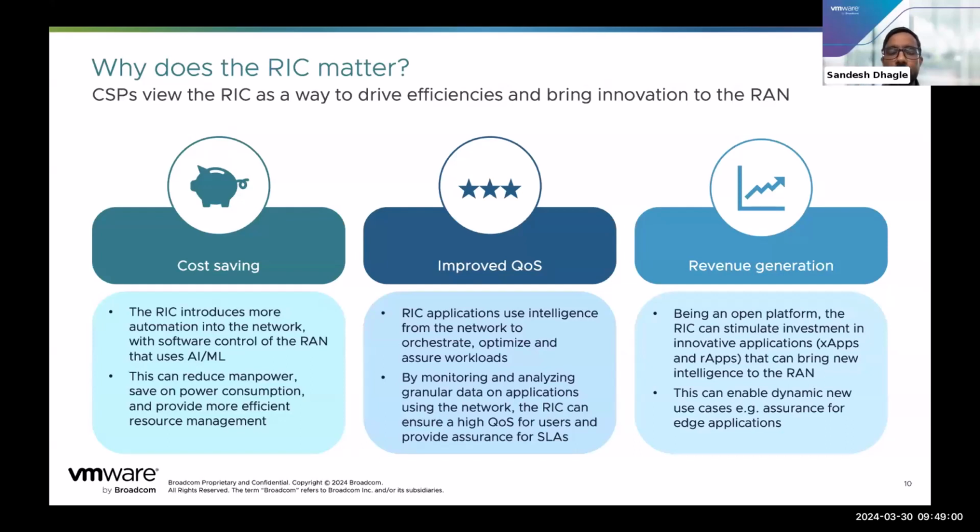And it is impossible to run it through the conventional ways of managing it very manually. We need a lot of automation there, both from the perspective of how it gets deployed and also how it gets managed and optimized. That's why there is a significant need for RIC as a component in the system, because only then would it make economic sense to deploy such huge and vast networks across geographies, right?